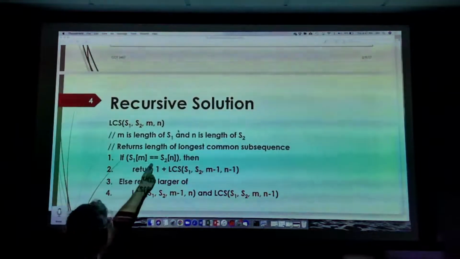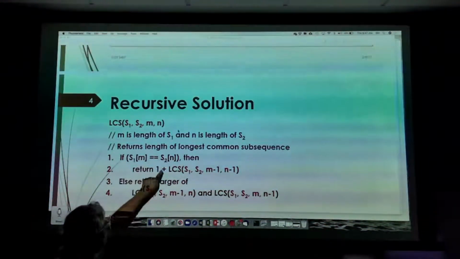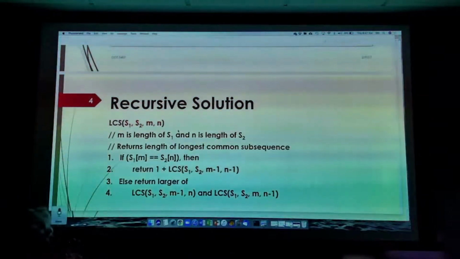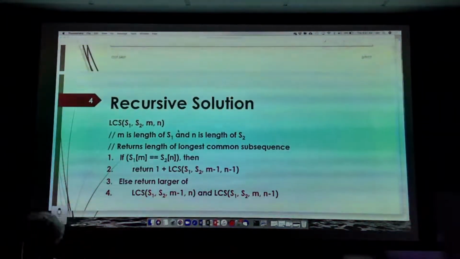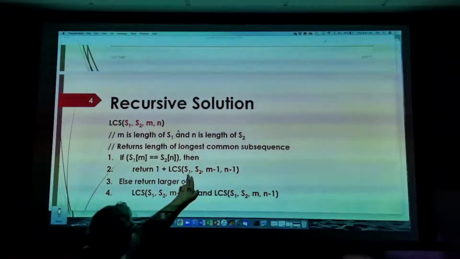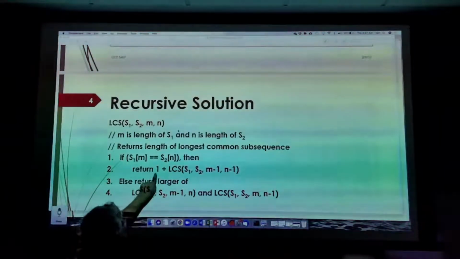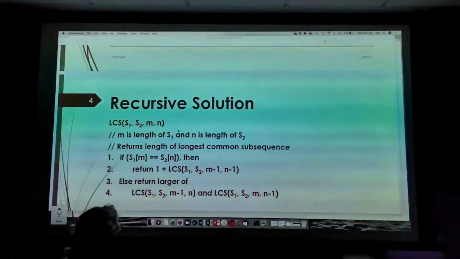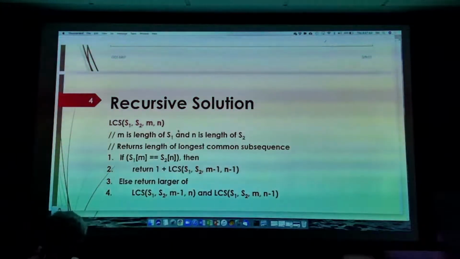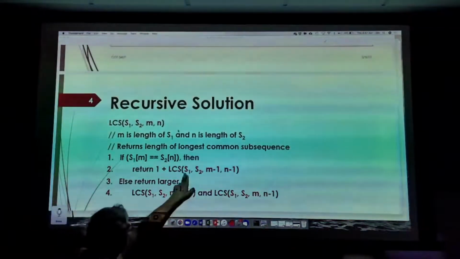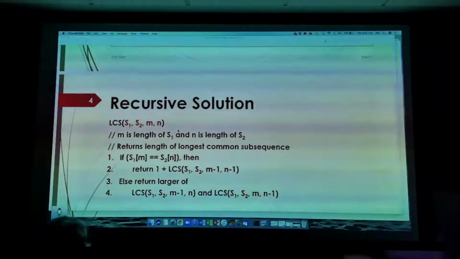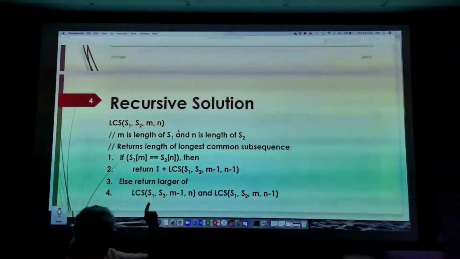If they are the same, if the mth character of S1 is the same as the nth character of S2, then we've managed to reduce the problem because we can get rid of that last character from both sequences, and the length of the longest common subsequence is 1 plus the LCS of everything without the last character, which is S1 and S2 with m minus 1 and n minus 1. Of course, this only works if the last characters are the same.